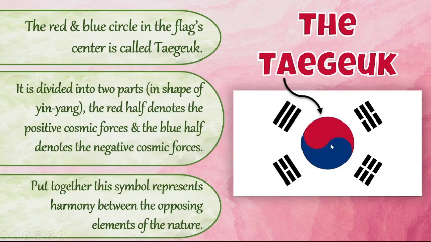So the red half is called yang, and it denotes the positive cosmic forces. Okay, and the blue half, called yin, denotes the negative cosmic forces. So when put together, this symbol represents harmony between the opposing elements of nature. So this is what the Taeguk represents in the Korean flag.